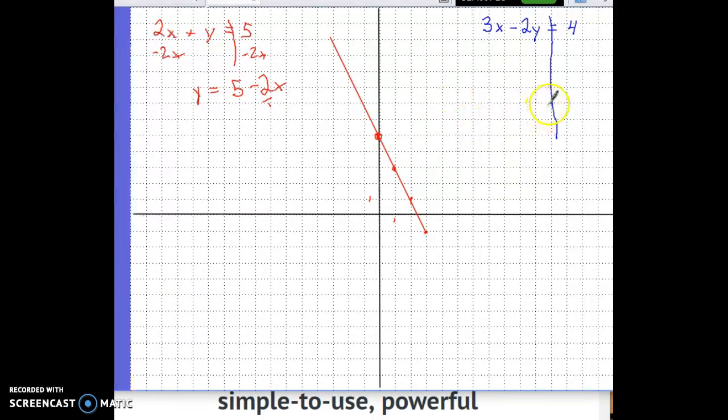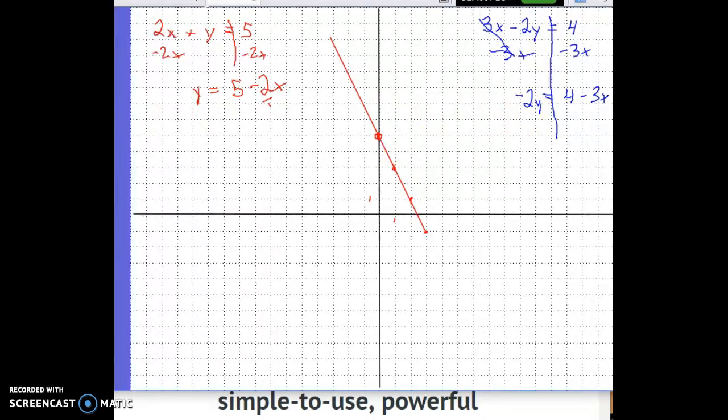Hopefully you paused it and you found the solution. So here we go. We are going to solve for y. So I'm going to subtract 3x from both sides. That's going to leave me -2y equals 4 minus 3x. I now have to divide by -2.